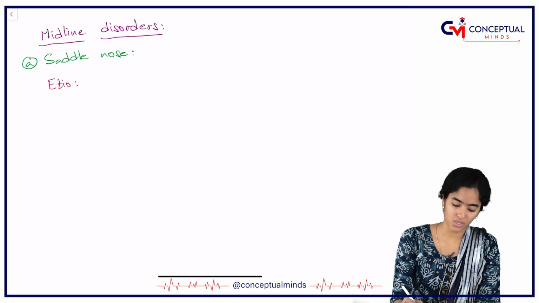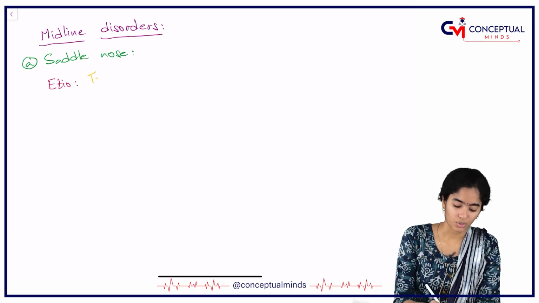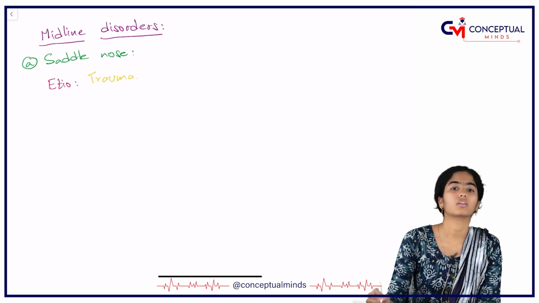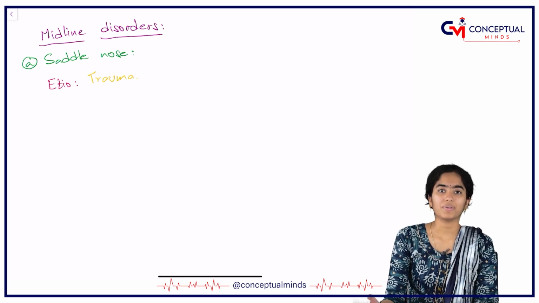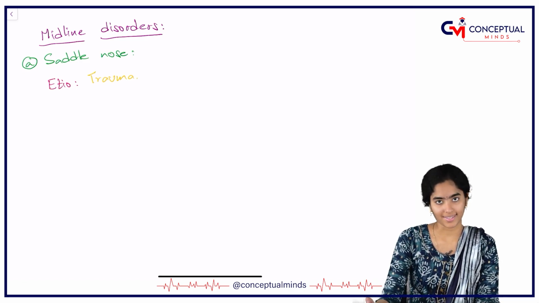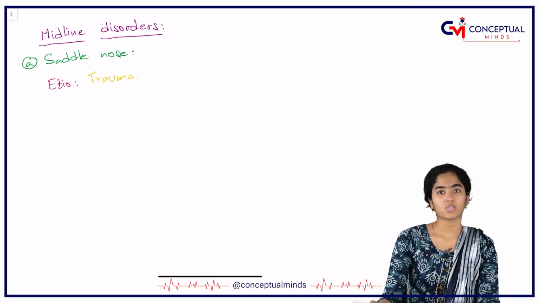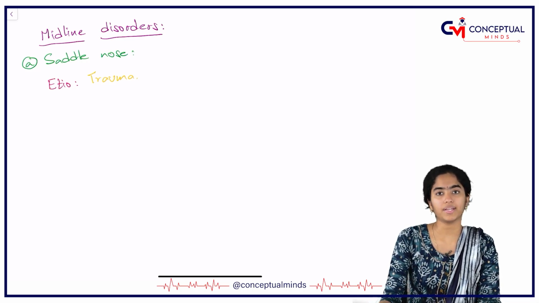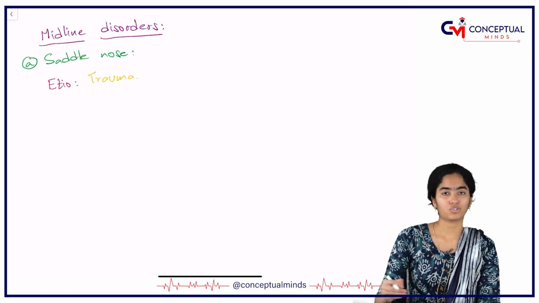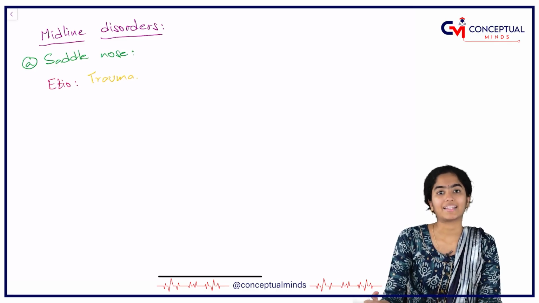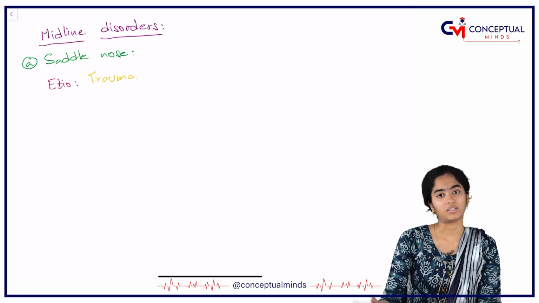Most common reason, as we have already discussed, is trauma. Now this trauma could be some external injury or an accident, or it could also be iatrogenic during a nasal septal surgery, especially during submucosal resection. Sometimes too much of the septum is removed and that can later on lead to saddle nose.